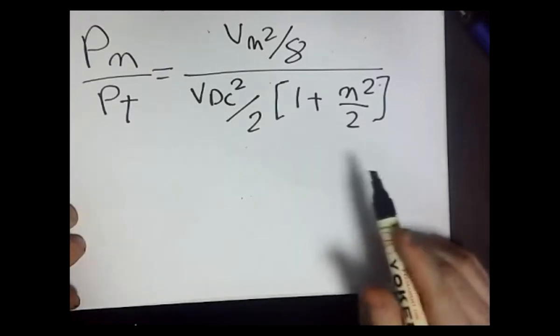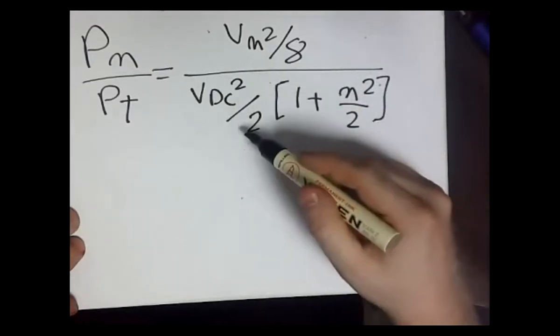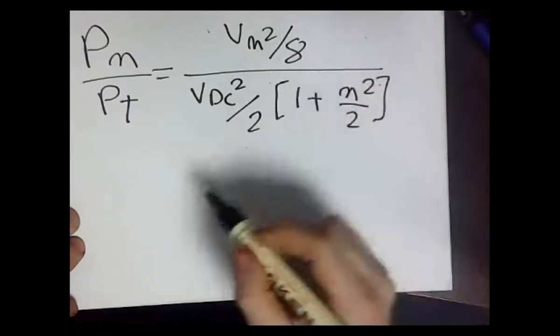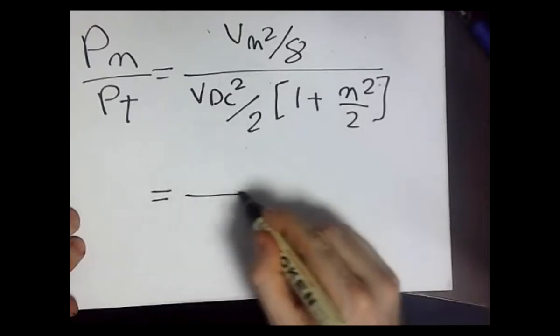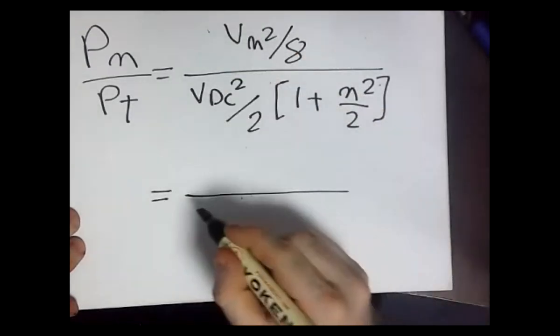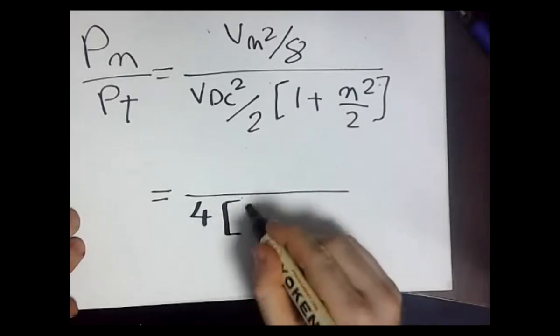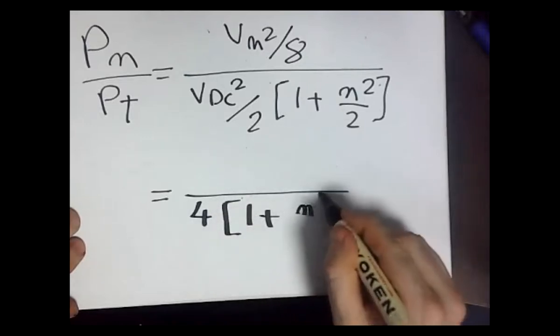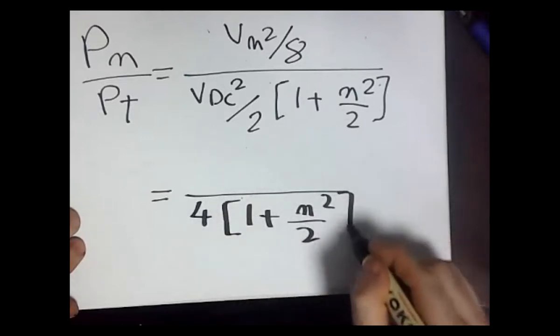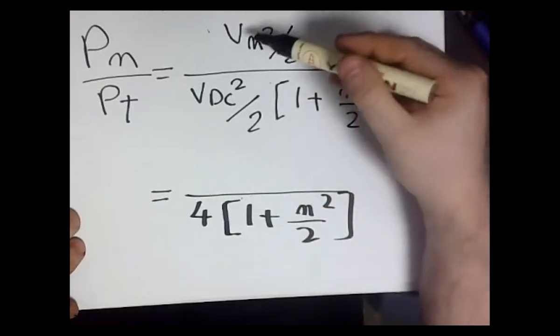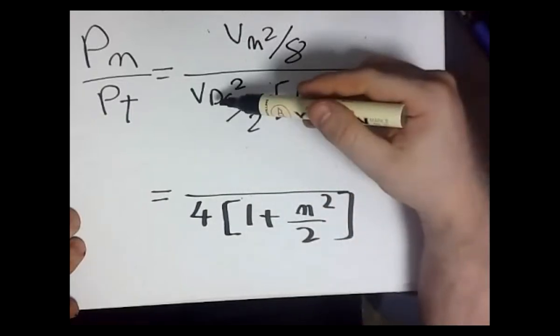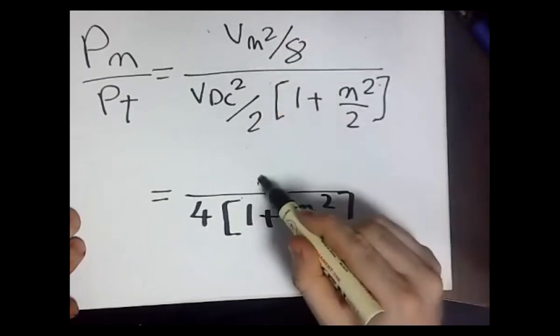Now, as you can see, here you have 2 and here you have 8, so this will turn to be 4. Here we have 1 plus m squared over 2. And here again, we have Vm squared over Vdc squared, which is again m squared.